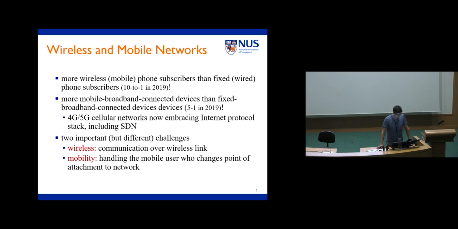We have more mobile broadband connected devices than fixed broadband connected devices. Even in your home, you perhaps have a fixed broadband connection, that fiber optic connection coming to your home. But in a household of 3 or 4, you have a mobile subscription for every person.